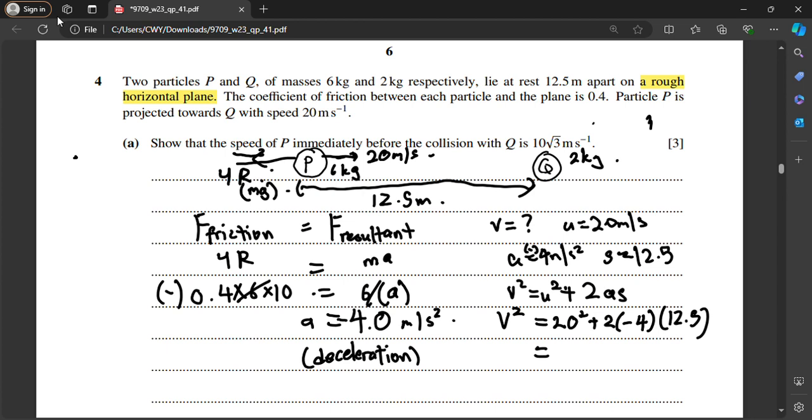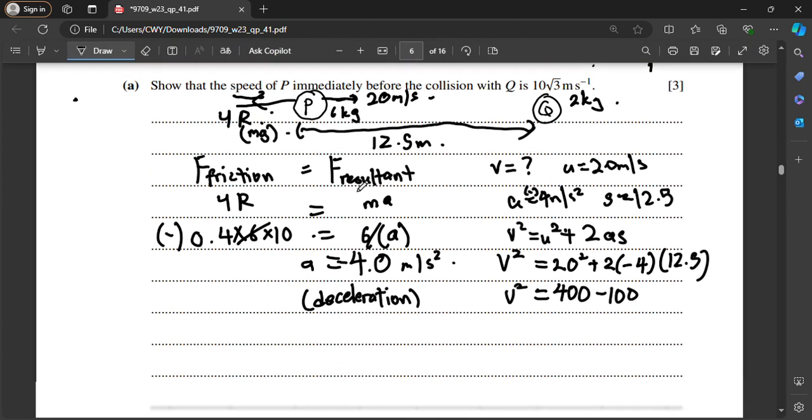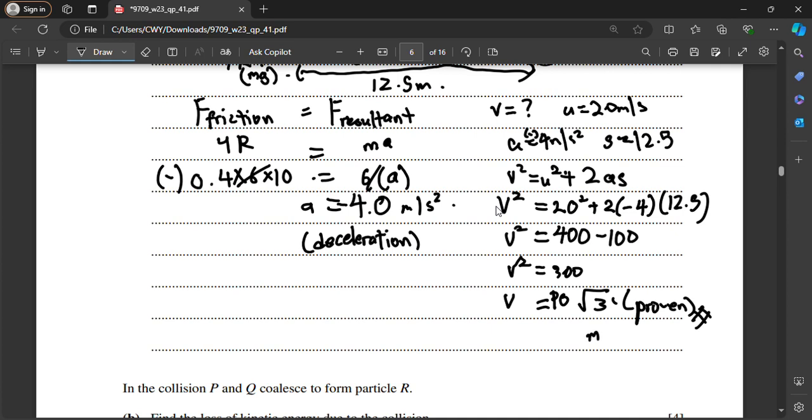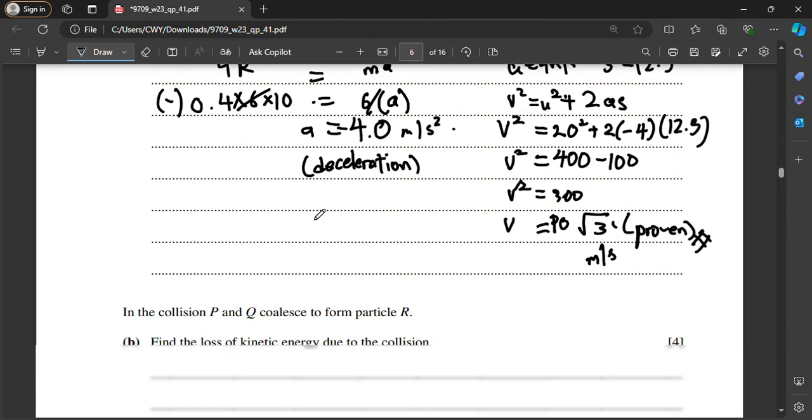So you'll get 400 minus 100, v squared is equal to 300. So root 300 is 10 root 3. So proven. This is how you do it. Very easy. So 10 root 3 meters per second. Remember the unit. Right, next one.